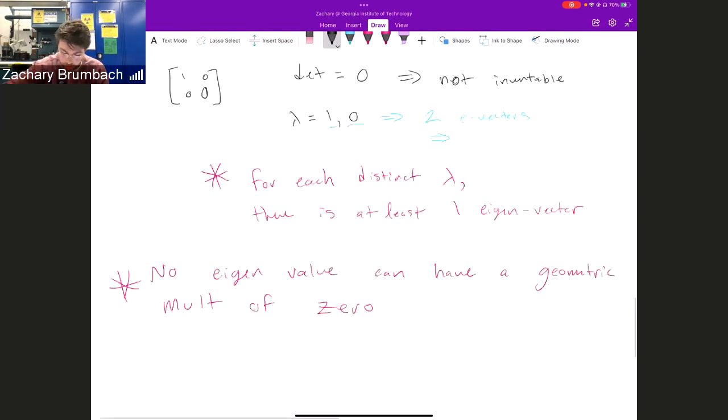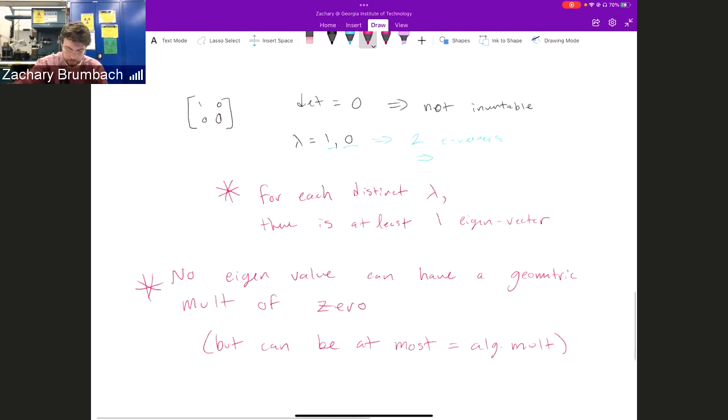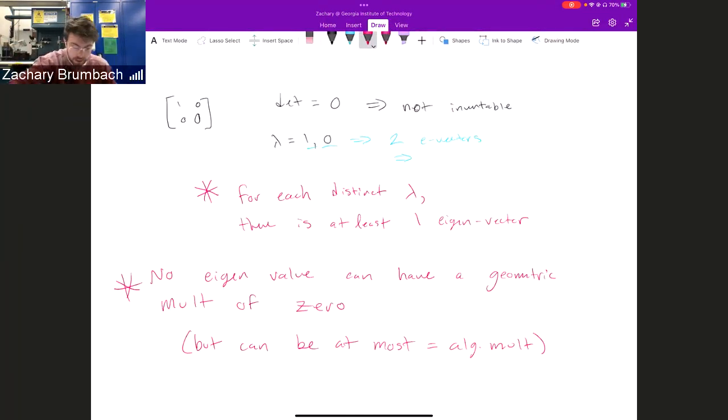And it can be at most equal to the algebraic multiplicity, okay? These are the quick little tips and tricks to get you through that really easily and really quickly, okay?